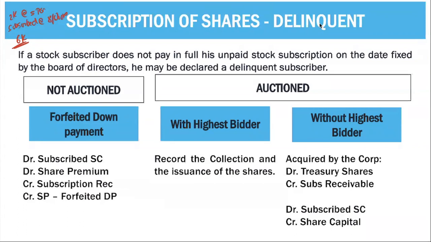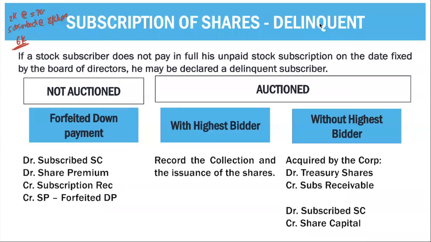So you debit the subscribed share capital at par. So 2,000 shares at 5 pesos per par, 10,000. You debit the share premium initially. So how much is the share premium initially? That is 8 pesos issuance, less 5 pesos par multiplied by 2,000. So we have 6,000.